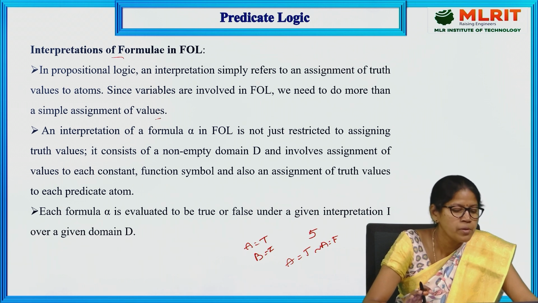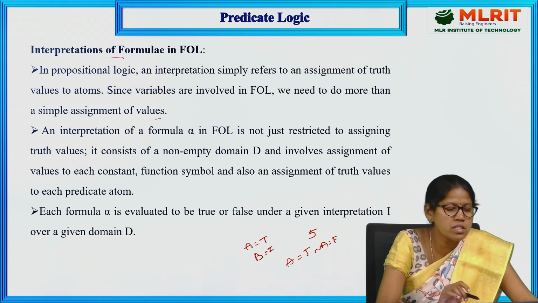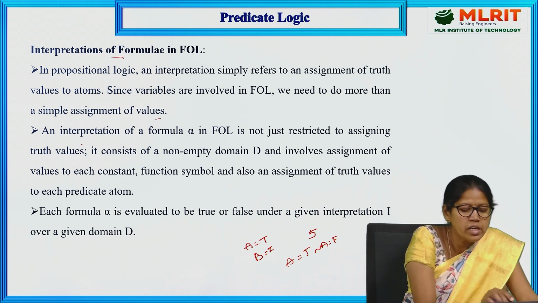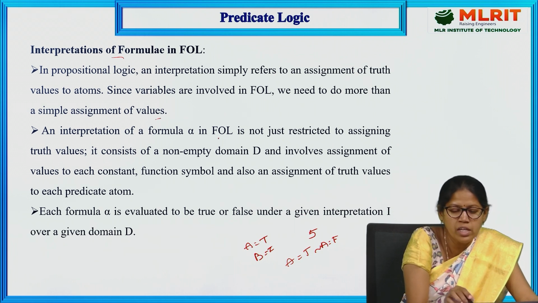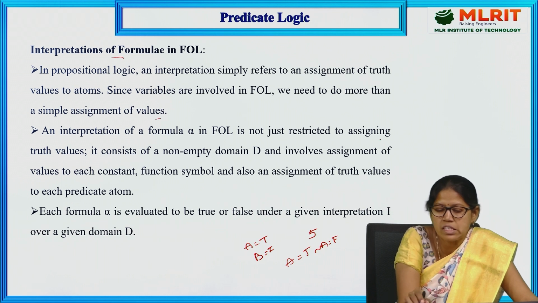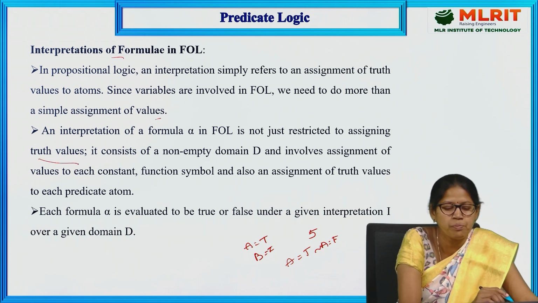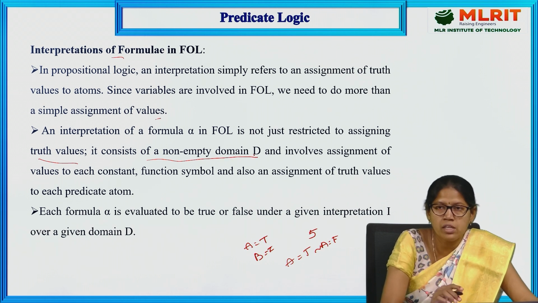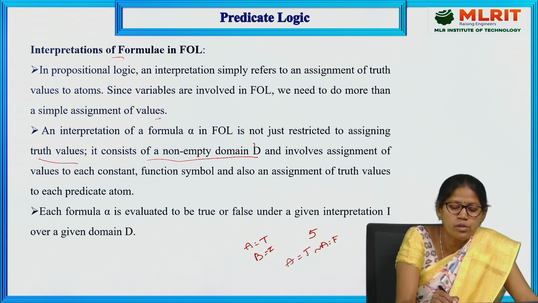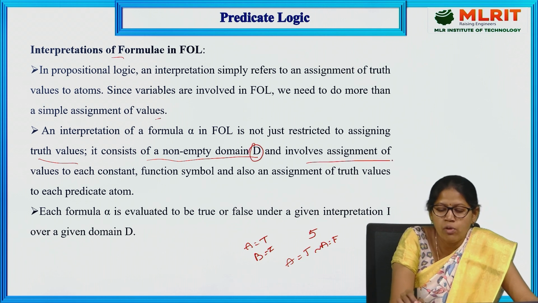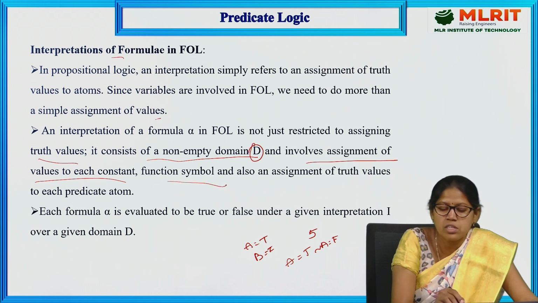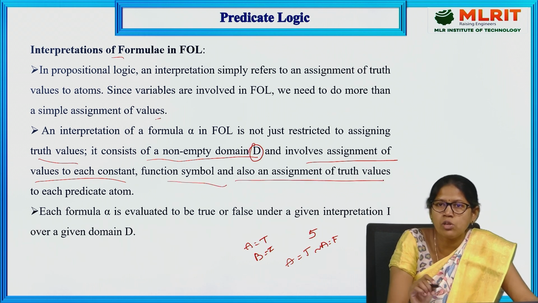or satisfiable. But in the case of first order predicate logic, it is not enough to assign the values. We need to interpret. An interpretation of a formula alpha in FOL is not restricted to assigning truth values. It consists of a non-empty domain D, and involves assignment of values to each constant and function symbol, and also an assignment of truth values.